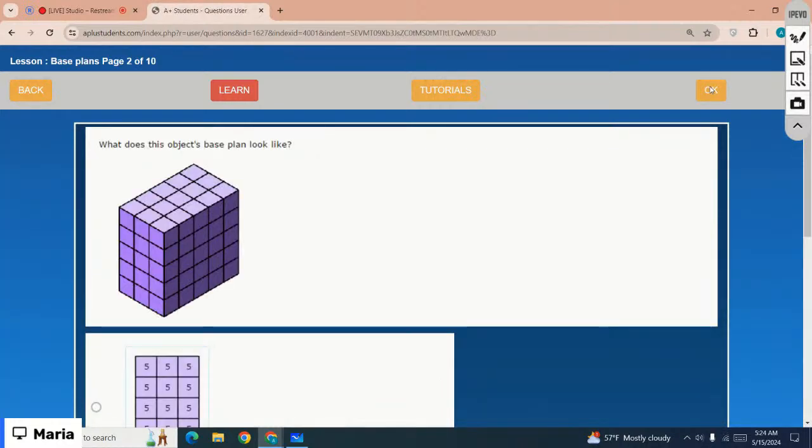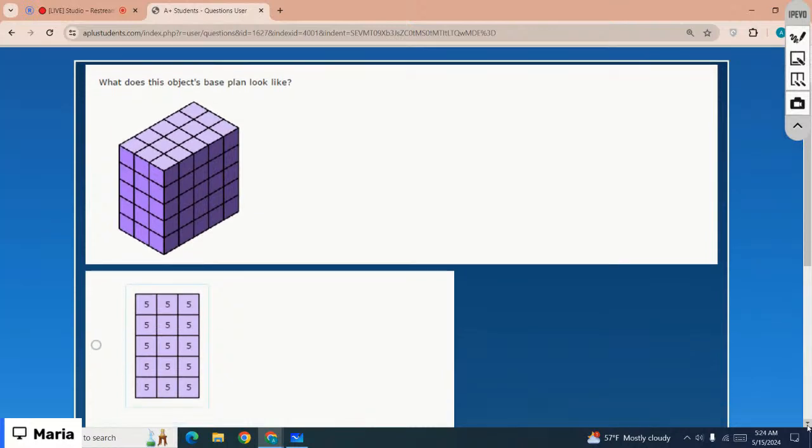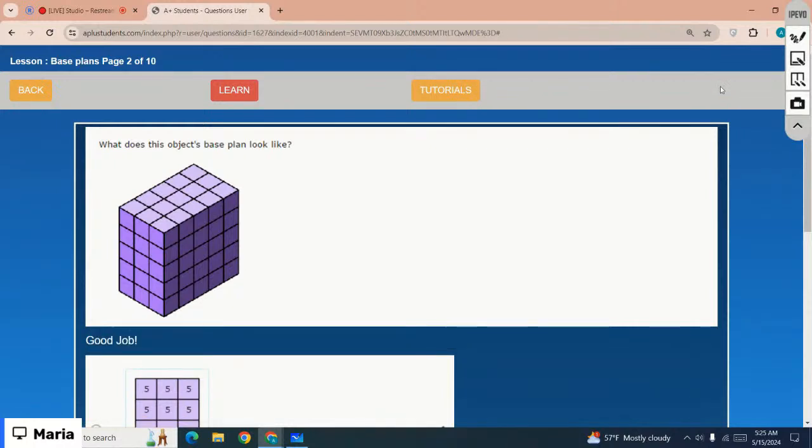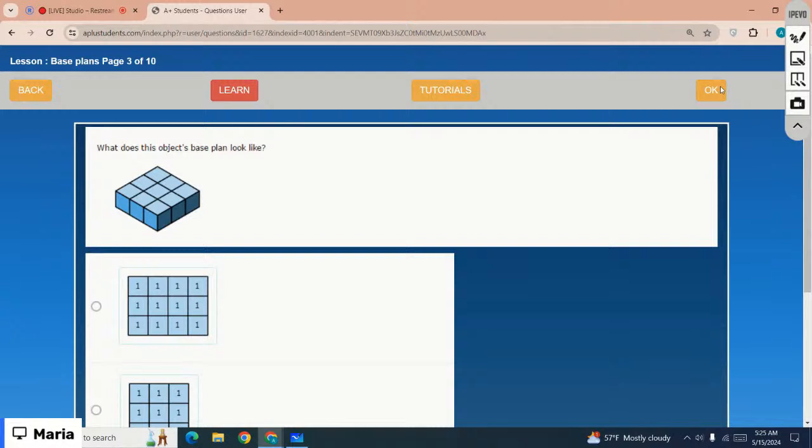What does this object's base plan look like? So which is the correct option? Option number 1 is the correct option, right? What does this object's base plan look like? Which is the correct option?